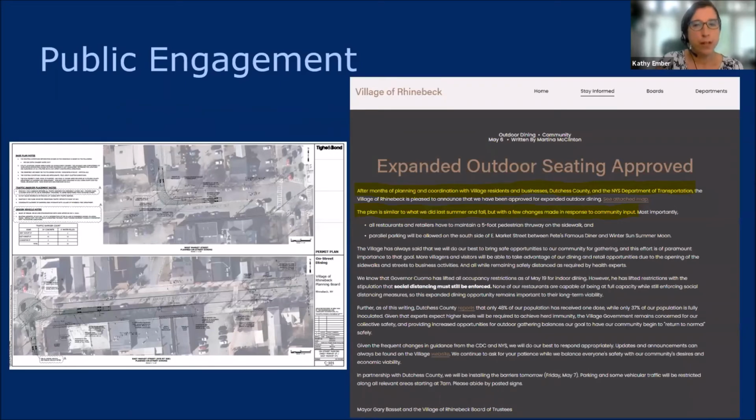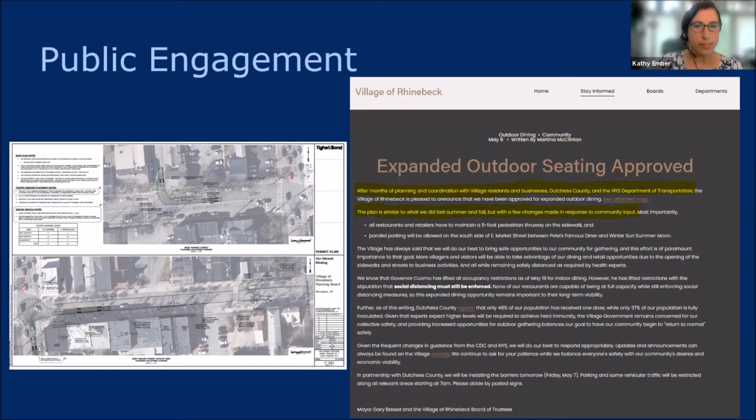So one of the examples we wanted to highlight was the village of Rhinebeck, especially in terms of public engagement. And we're also going to talk about it a little bit later in their presentation. They had an extensive public engagement process starting actually in the second season. They had an installation in 2020, but after that they created an outdoor dining task force that included village officials and restaurant managers and owners, retail owners, and residents, following that first round of outdoor dining in 2020.